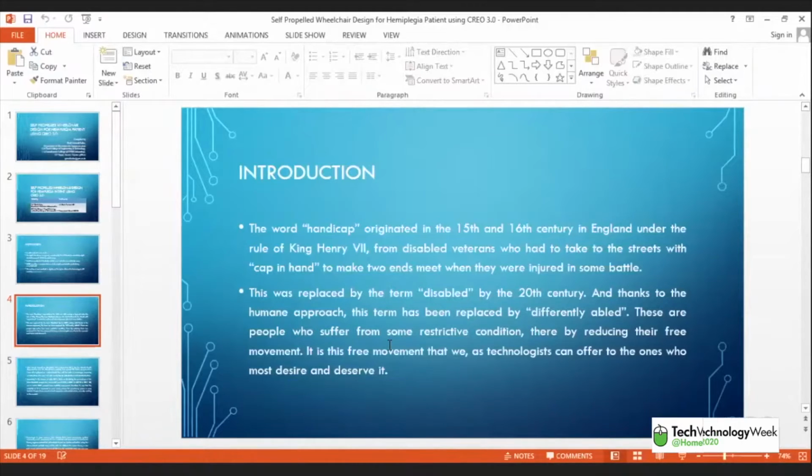And this was later replaced by the term disabled by the 20th century. And finally, as and how we started developing a human approach, the term has been replaced by a very dignified, differently abled person, right? And the motto behind is that we as technologists, we want to offer some support to those people who desire as well as deserve it.